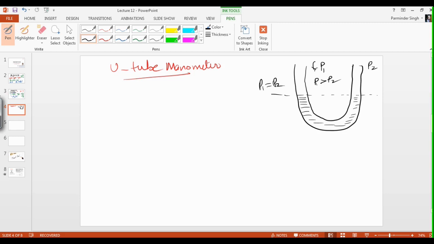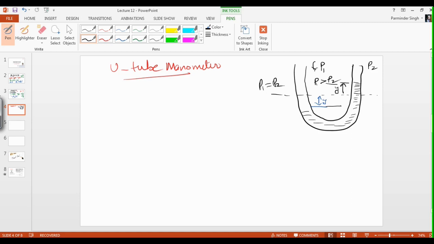So the liquid in this limb will move down by a height y, and in the other limb the liquid will move up by height y. So the total change in the height will be 2 times y, and from there we can calculate the pressure drop.